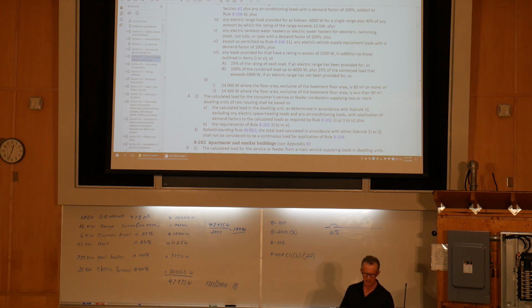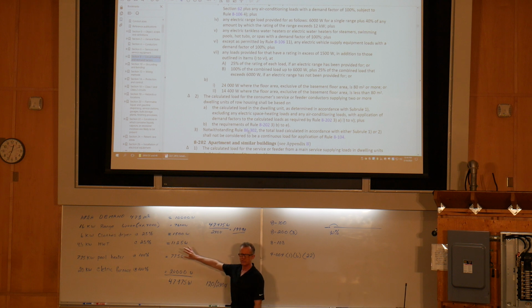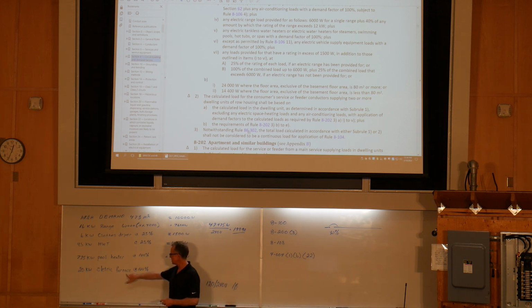The reference to 86-302 is the vehicle charger. If you have a vehicle charger, so within the service there are continuous loads. But the whole actual service is not considered to be a continuous load for the application of 8-104. But I can tell you that is a continuous load on the branch circuit side.